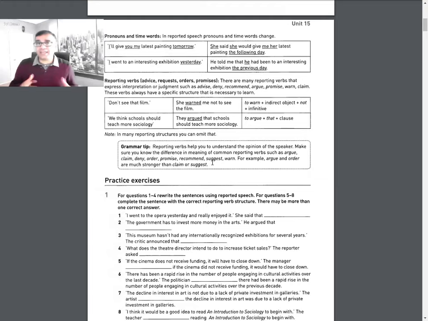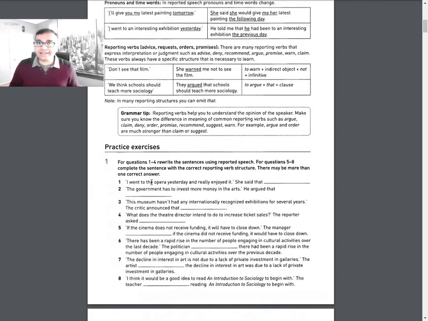But when I say he argued that situation, it means he is intensively arguing with that. So either he agrees or disagrees with it. In this situation, we have to notice that we are using more advanced reporting verbs. Let's go for more practice and exercises here.